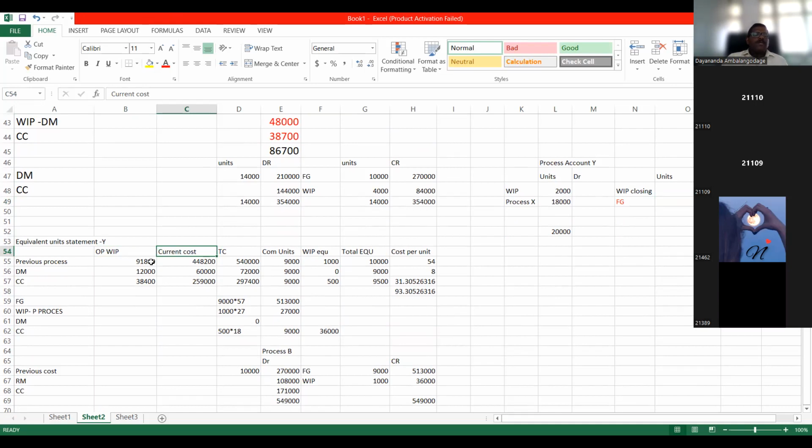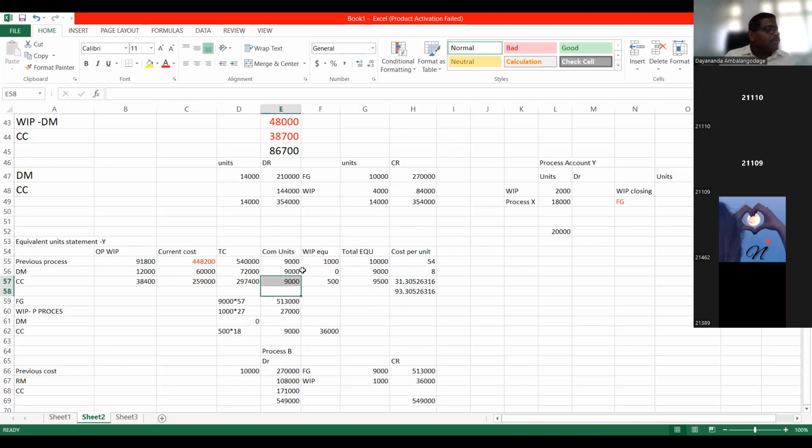I took the previous process cost, which is given in the question with regard to the opening WIP. This amount was transferred from the previous process, that is process X, and this 60,000 and this 259,000 are given. All these figures, except this red one, are given in the question. So we took the total cost column by adding these two columns.